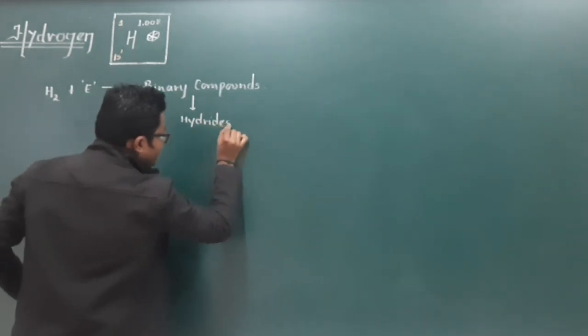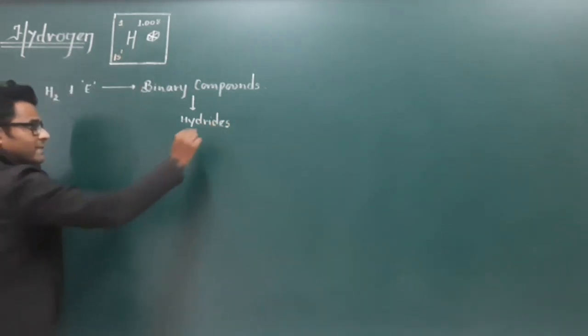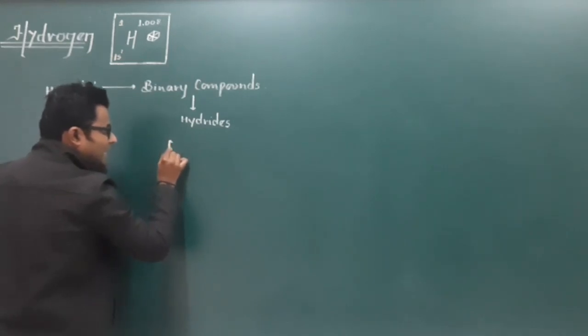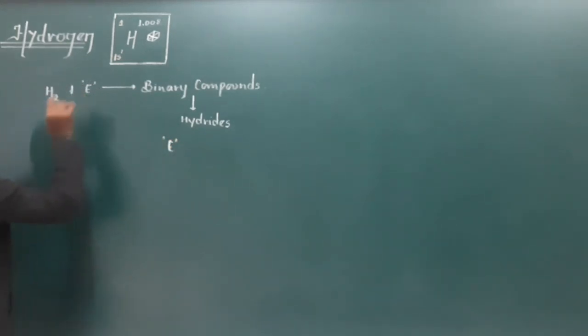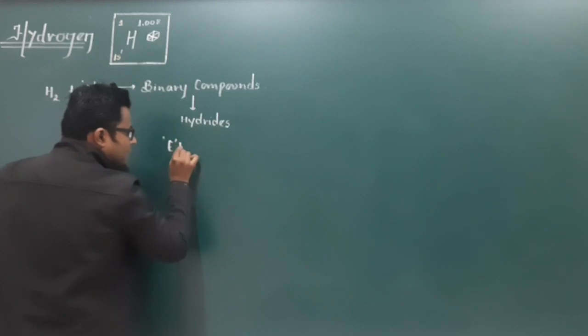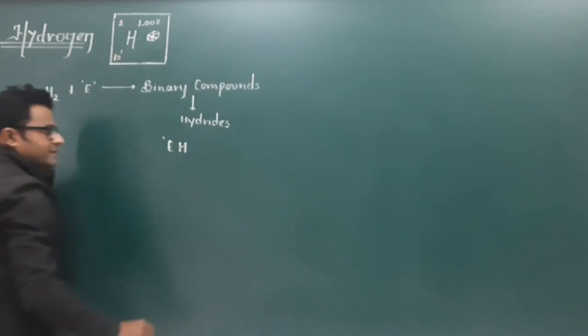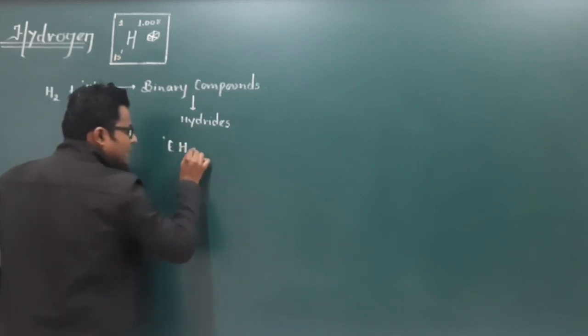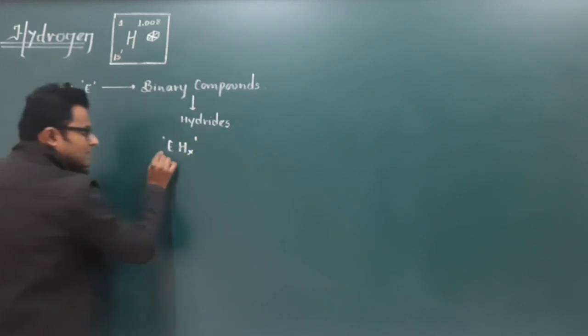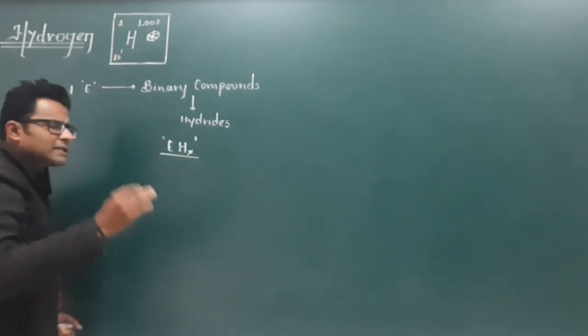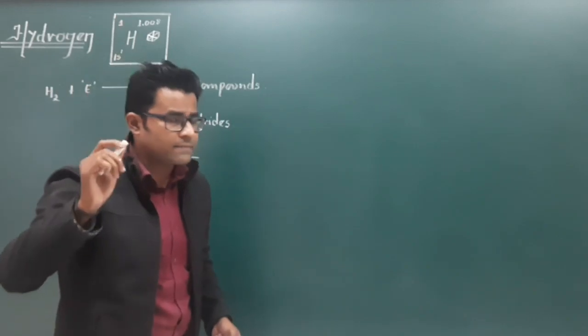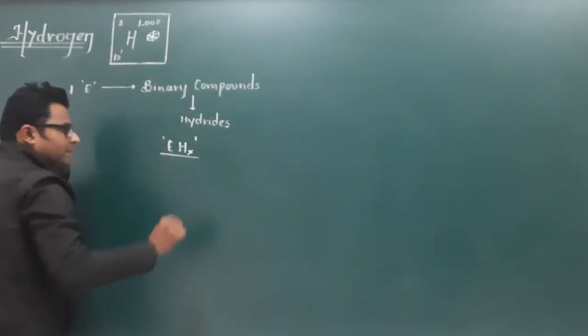So usually we represent these hydrides by, let's say, E represents the element, H represents the hydrogen. So E, H, X can be a general representation for the hydrides. Okay, we'll see the examples.